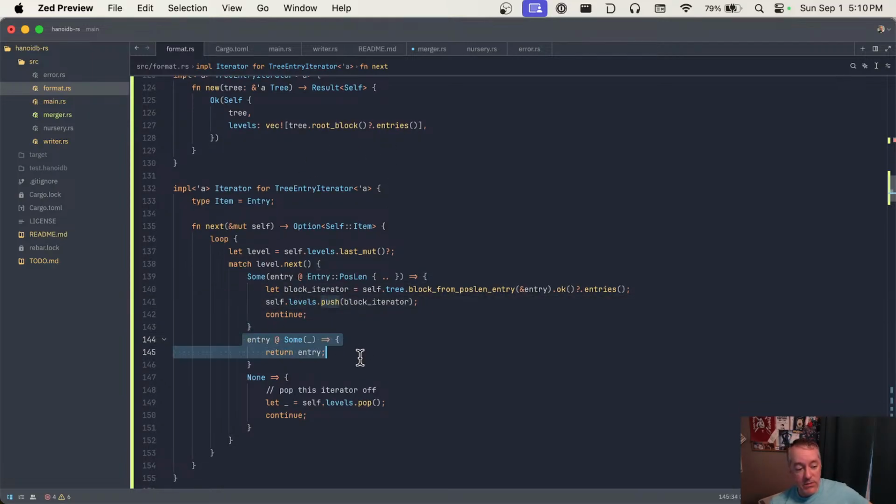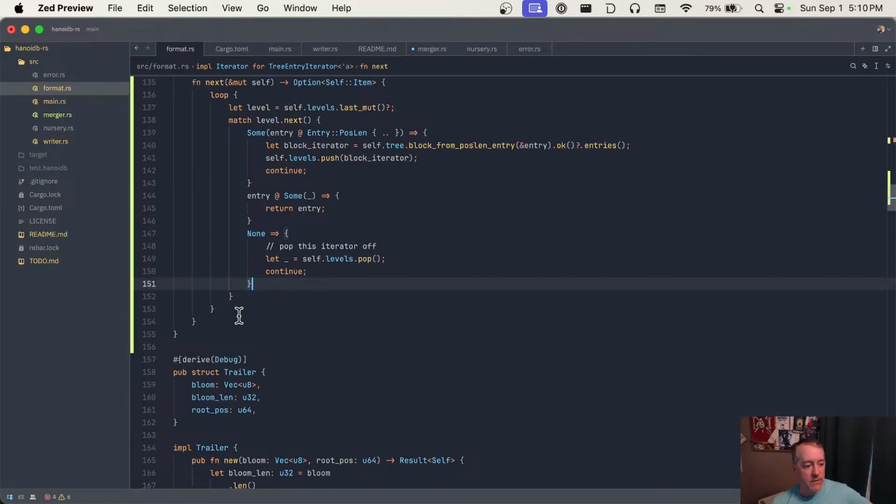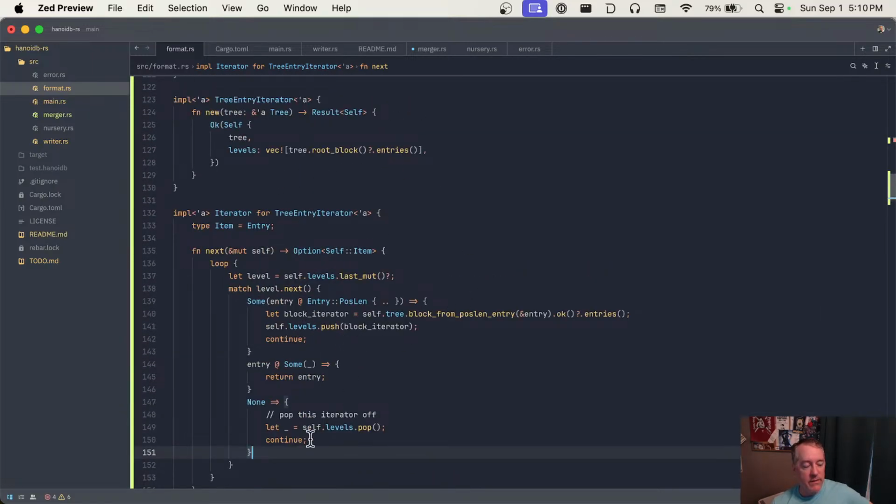If there is an entry and it's not a Poslin entry, then we just return it. And otherwise, if there's nothing left in this iterator, we need to pop it off and go to the next one in its parent iterator, and so forth. So we've got a recursive thing going on here with the stack.